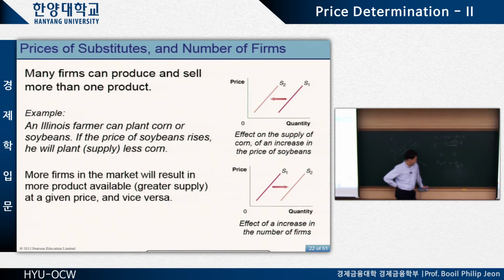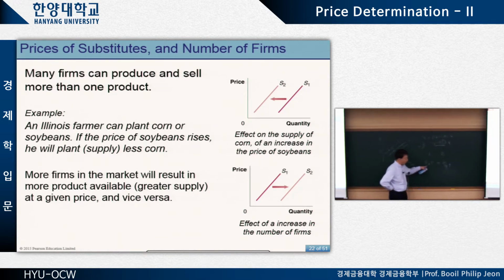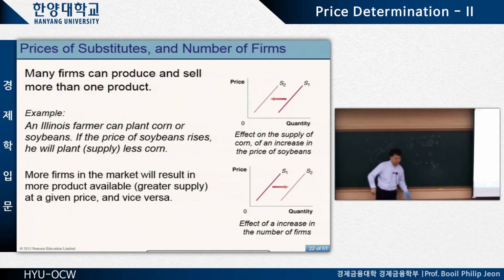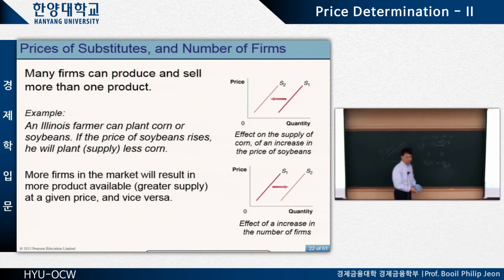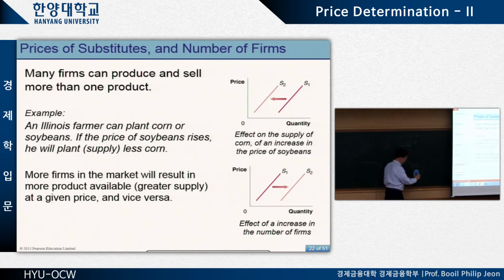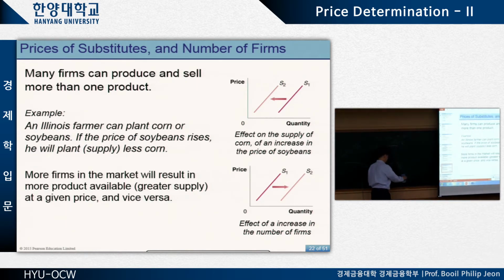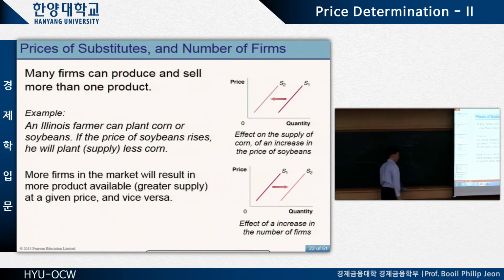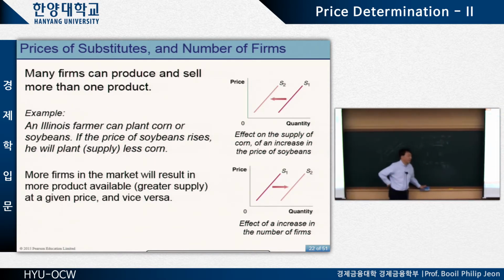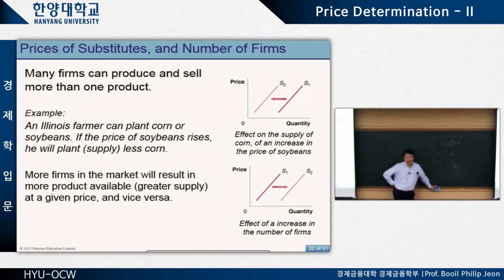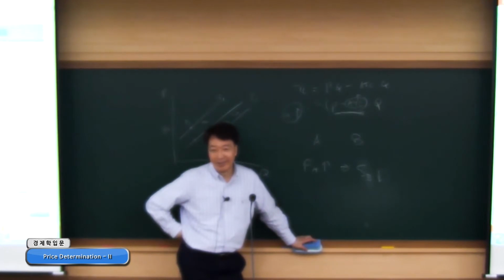So yeah, when the price of A increases, the suppliers will choose to produce more of A, which means supply for B... Which one is right?